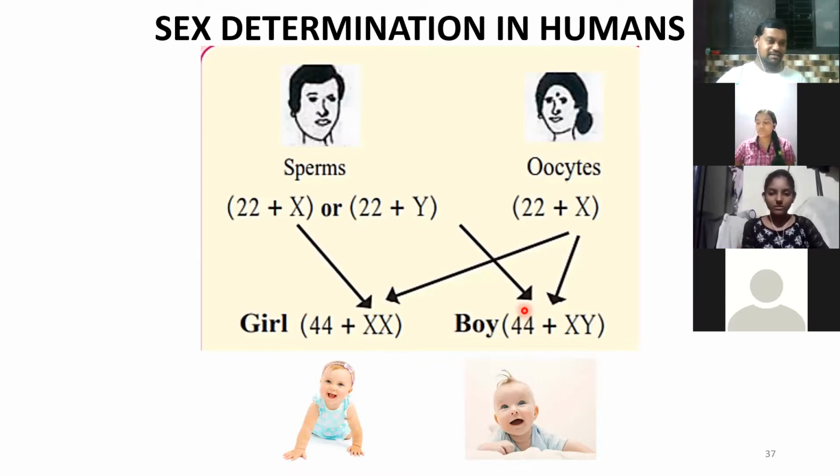So now you can understand, when there is no scientific awareness of this type, what is happening in society. Females are tortured if they give birth to only girl children. There is more desire for a boy child. You must have heard this, especially among people who are not scientifically aware.